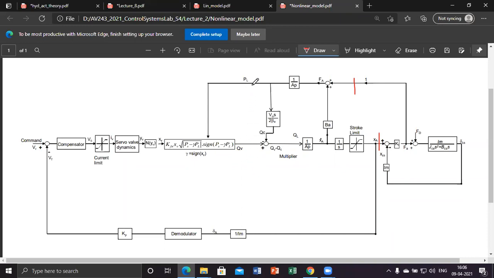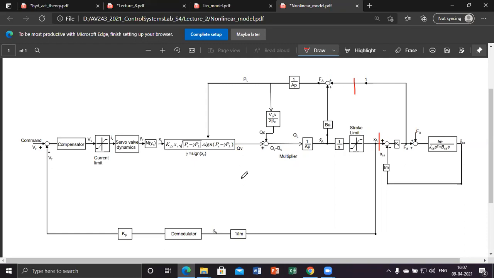But when you write the expression for PL, it will ask what is QV. Now, when you write the equation for QV, it will ask for PL. There is a clash because we are writing programs sequentially. This can be resolved only if we put some sort of delay elements. That's the way we break the actuator algebraic loop.